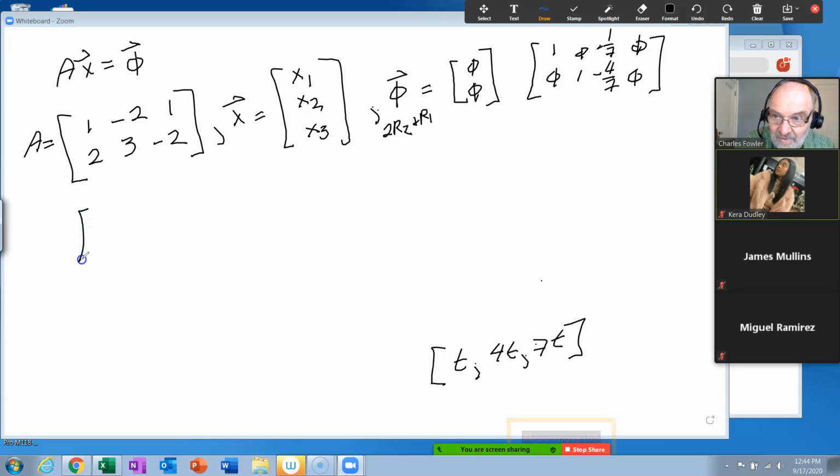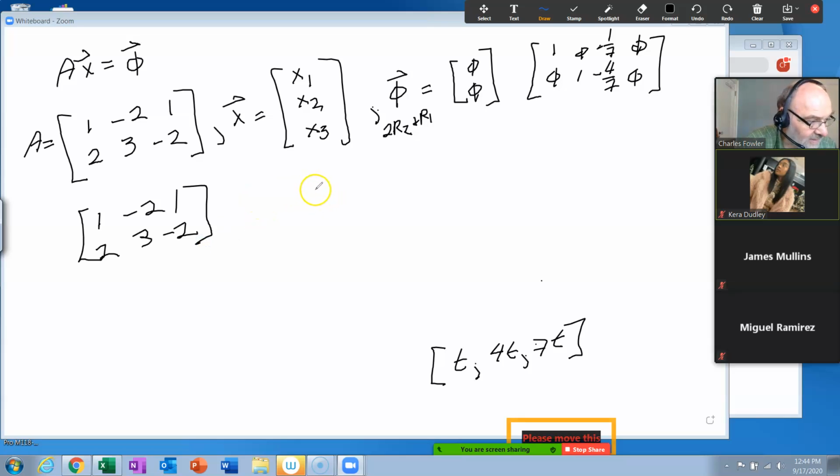It was 1, -2, 1, 2, 3, -2, and then our x1, x2, x3 we're going to write in as t, 4t, 7t is equal to 0, 0.